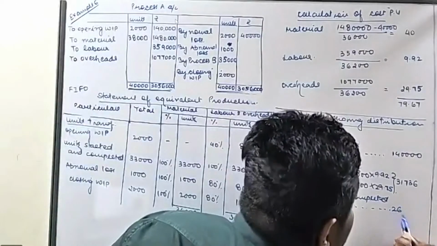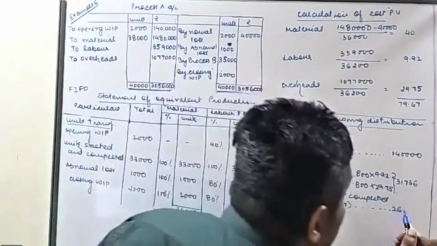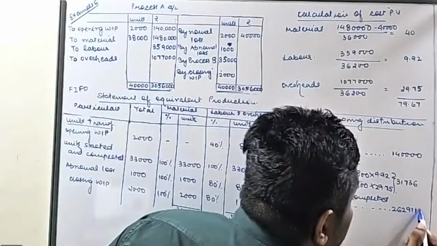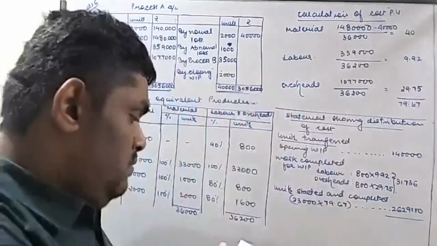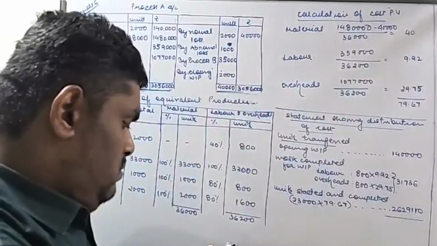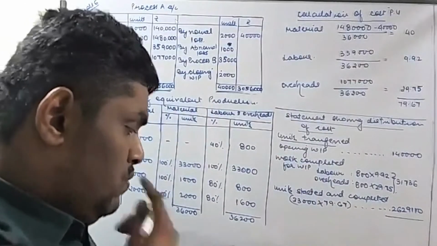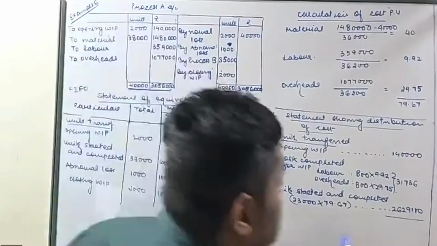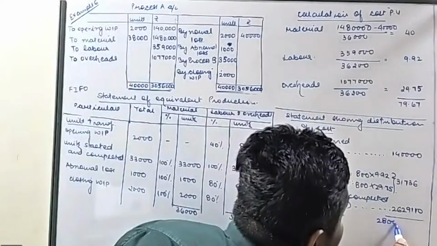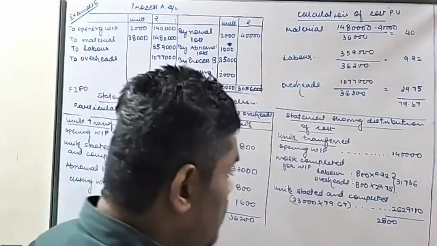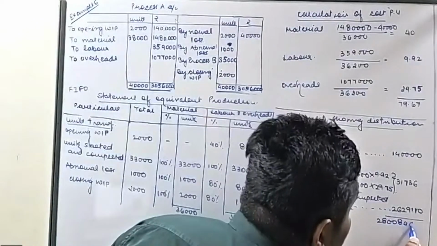So this will be 26 lakh 29,110. So the total cost will be 28,00,846.